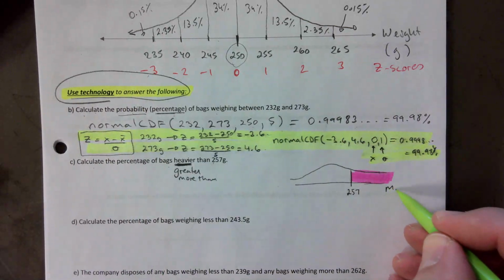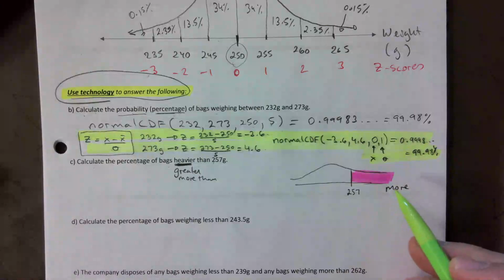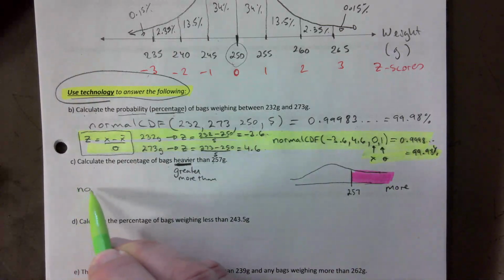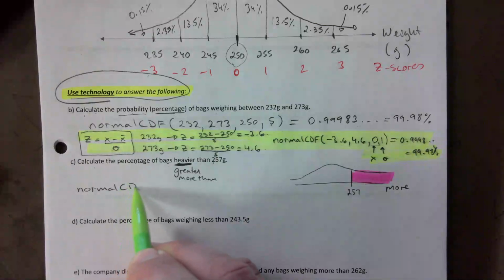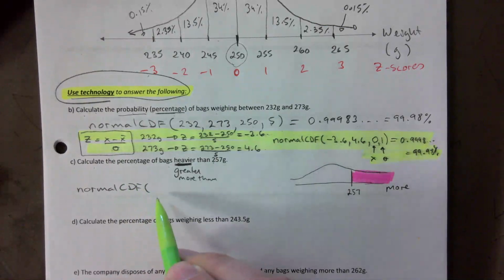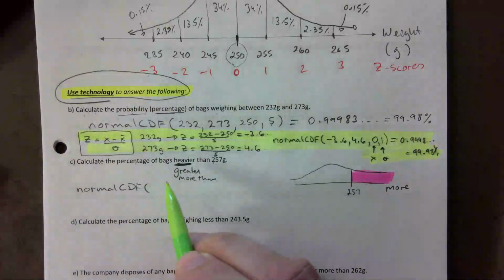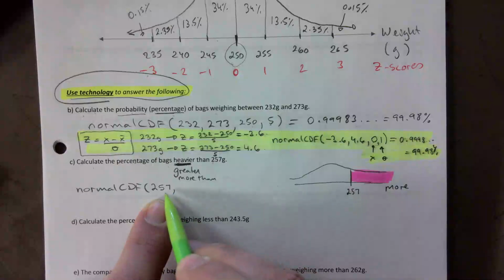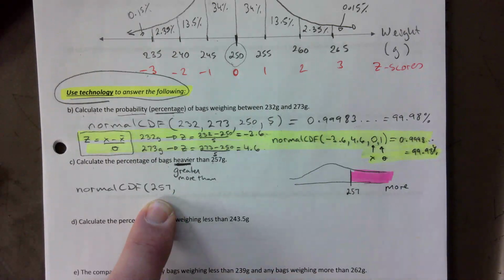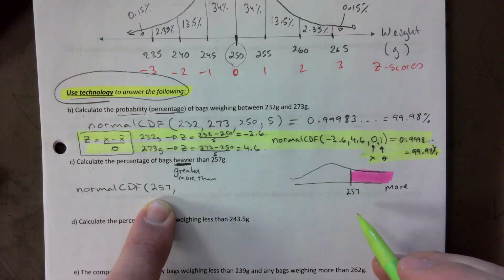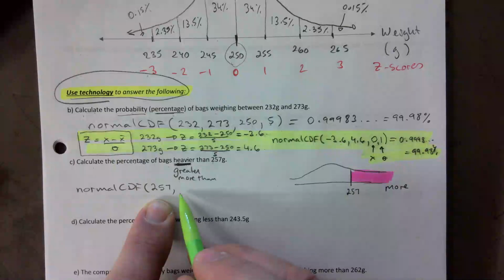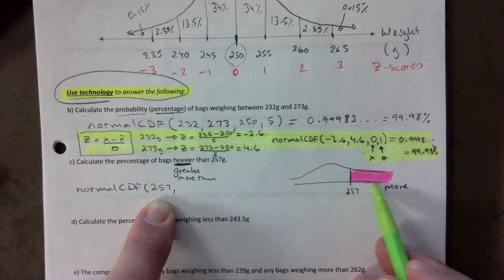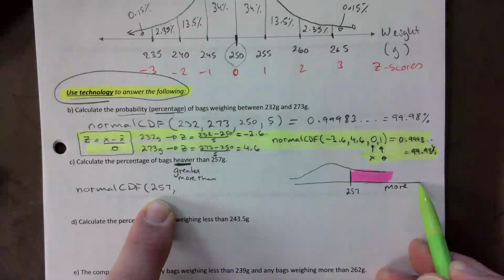This is more heavier. So that means that you will go normal CDF. And this is where students are like, this is your low, your start. 257 is your low value, your lower limit. Okay? And what's your upper limit? It's infinity. But guess what?